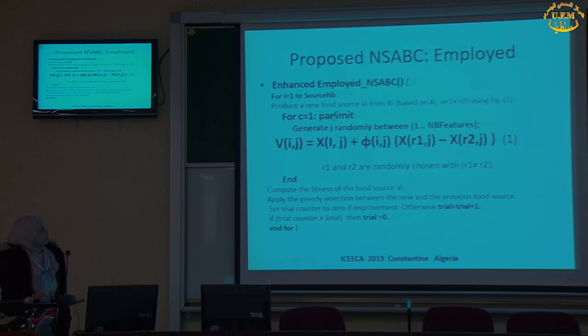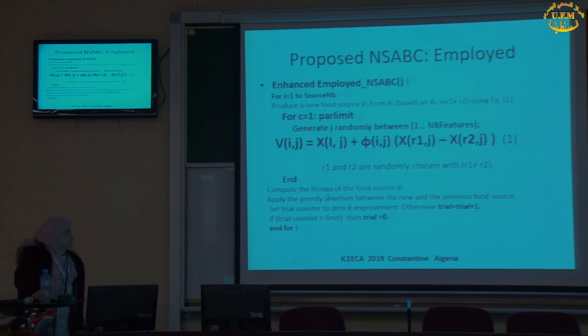Here we change by this loop from C to par limit and generate J randomly between 1 to ND features. Calculate this function. In the standard ABC, we calculate the new value of source using only one other source, which is K. In our case, we use two neighbors, two food sources, and iterate over parameter types.